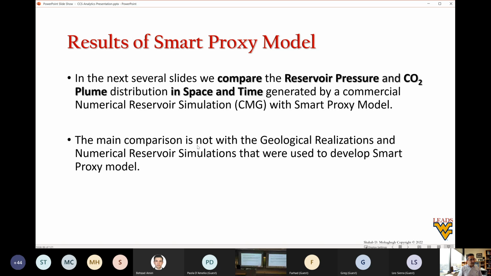The main comparison is not on the geological realizations and numerical reservoir simulations that were used to develop the smart proxy model. What does that mean? I'm going to show you the results mainly on blind validation, those runs I mentioned, run number 5, 9, 13, and 17, that we removed and did not use to build the model.